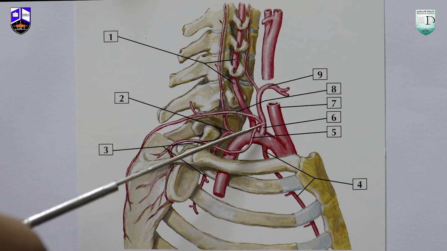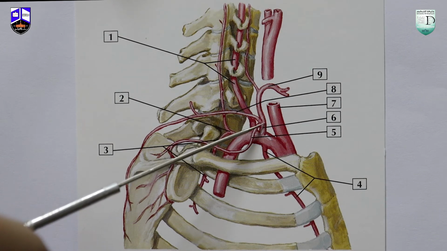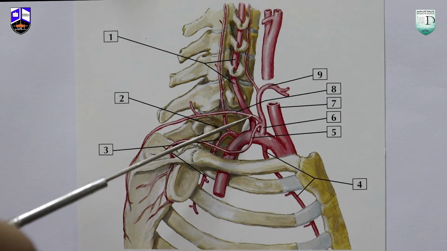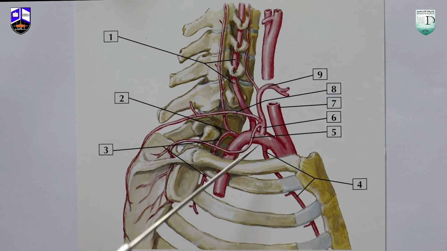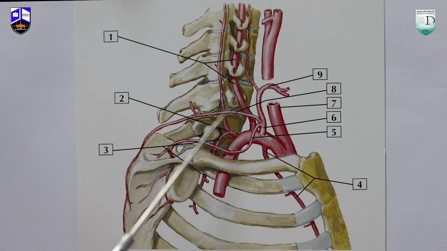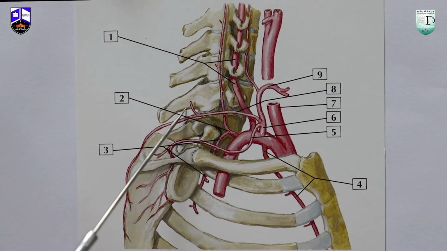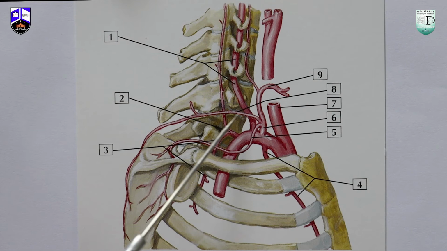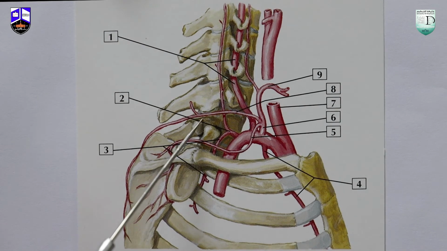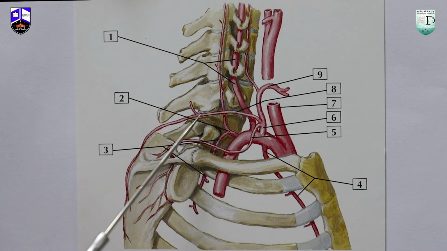The second branch of this thyrocervical trunk is the transverse cervical artery here that passes laterally, running within the posterior triangle. This branch might also be called the superficial cervical artery if it gives another branch.